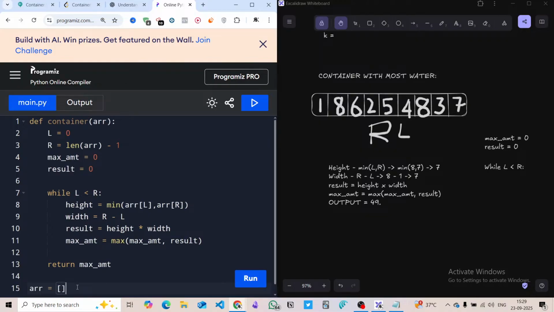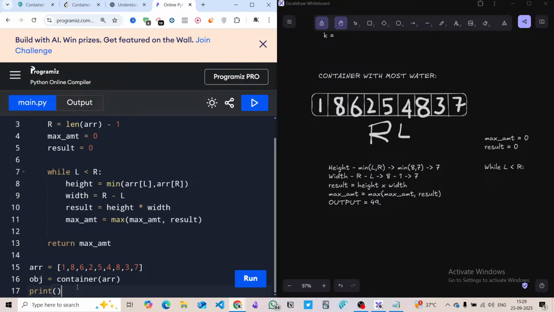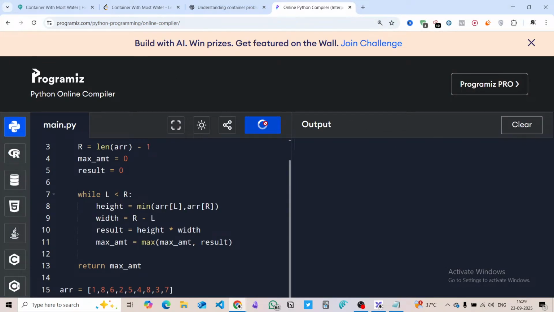Like array is equal to 1 comma 8 comma 6 comma 2 comma 5 comma 4 comma 2 comma.